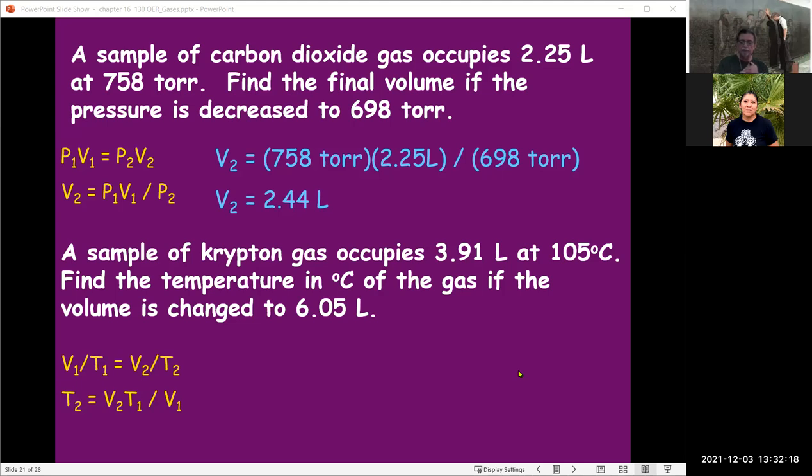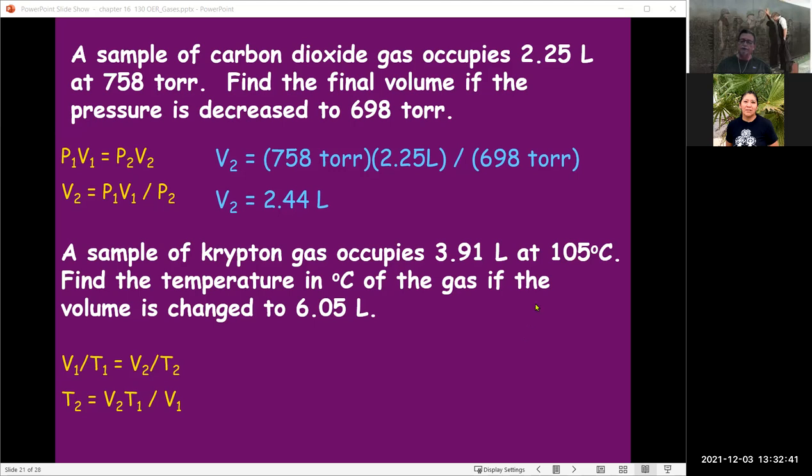At constant pressure, that krypton gas has an initial volume of 3.91 liters, held at 105 degrees Celsius. We want to calculate the final temperature if we change the volume to 6.05 liters.